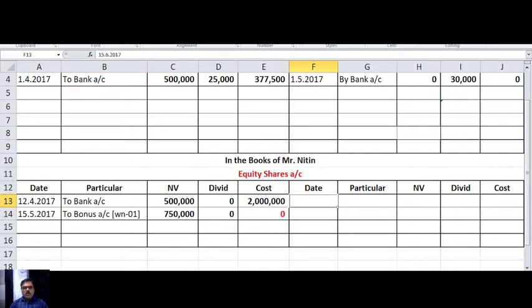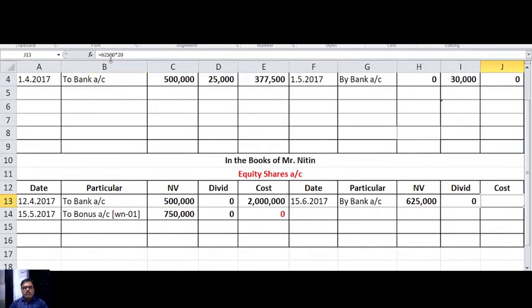First we will write the sales part. On 15 June, there is sales. How many shares he sold? 62,500. So 62,500 multiplied by 10, that comes to 6,25,000. There is no concept of dividend. And what is the cost?